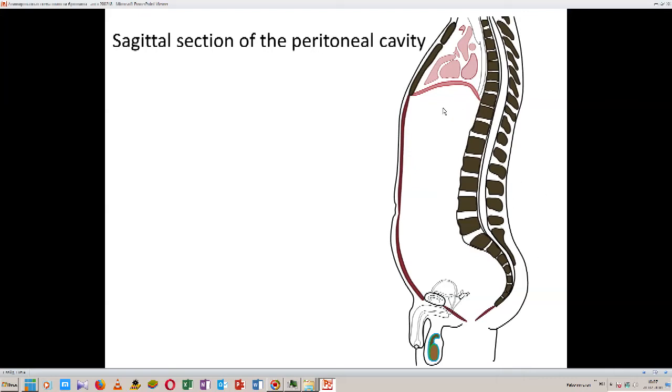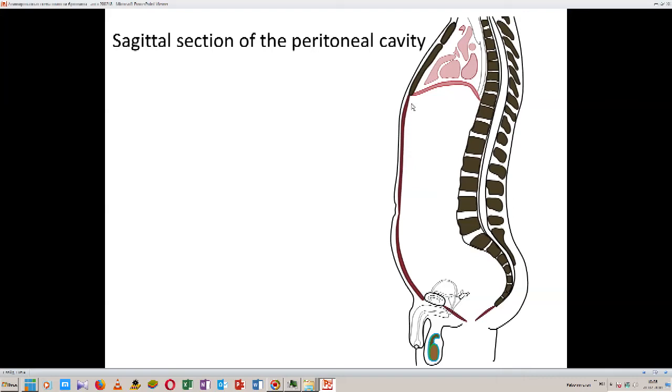So the abdominal cavity is the space which is inside of the body and which serves for placing the internal organs, and which is defined by the abdominal walls.